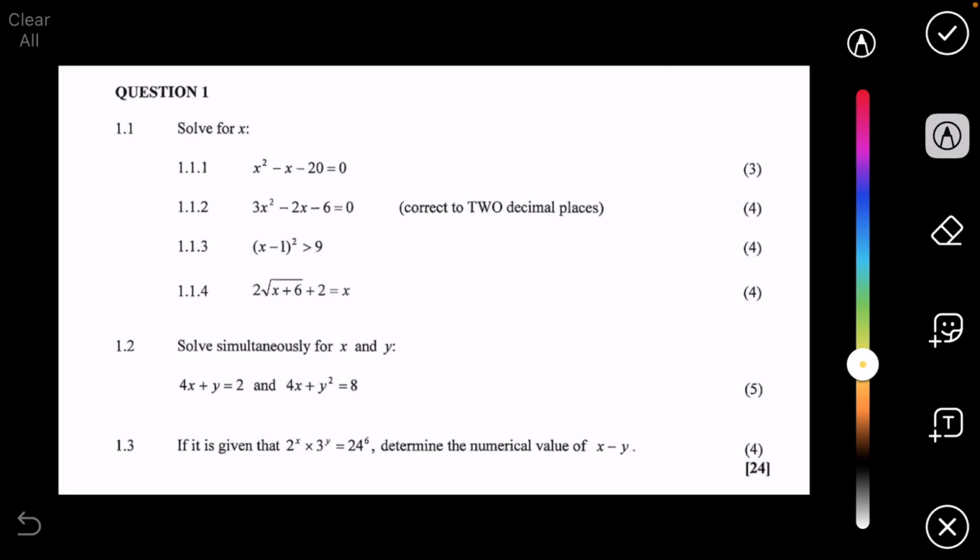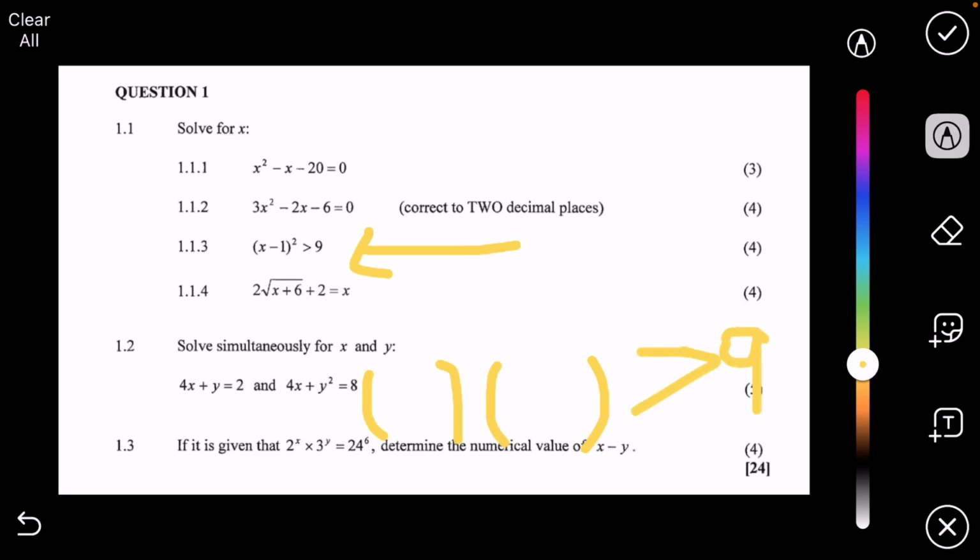I would encourage you to check out that lesson because it teaches you where to start when you're given an equation. For example, guys, as you can see that equation over there, you've got 2 of x minus 1, this is greater than 9.